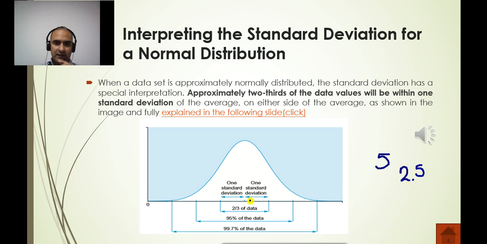So in this case, say this is number 5, then this is 2.5, this is another 2.5, and this is one more 2.5. Okay, so that means 7.5, 10, 12.5. So the majority of the data, 2/3 of the data, is going to be here.